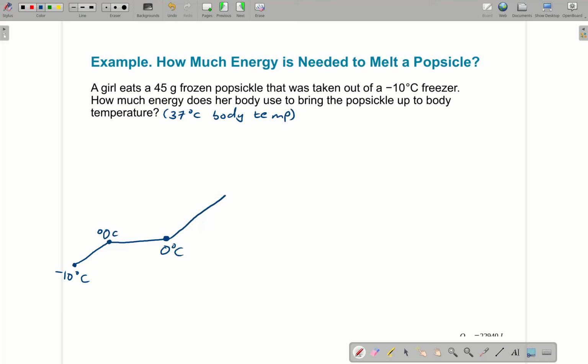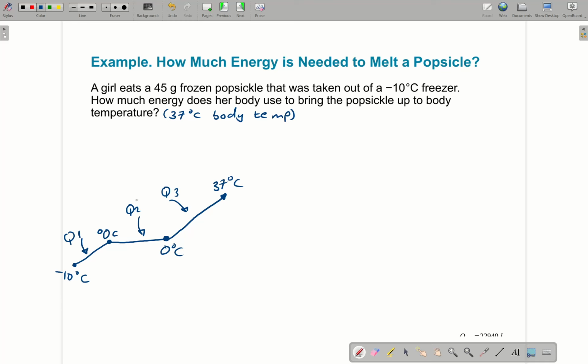And then she will heat up to her body temperature of 37 degrees. So that's the steps here. We have 3 steps of heat given into this popsicle. Heat 1 is given to heat it up from -10 to 0. Heat 2 is given to melt it. And heat 3 is given to heat it up from 0 degrees to 37 degrees.